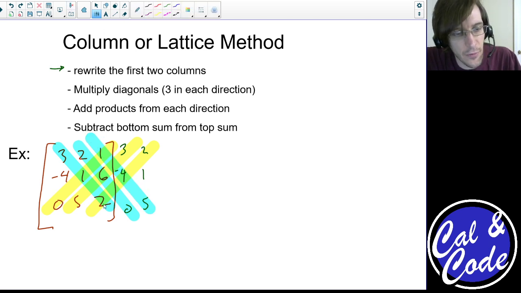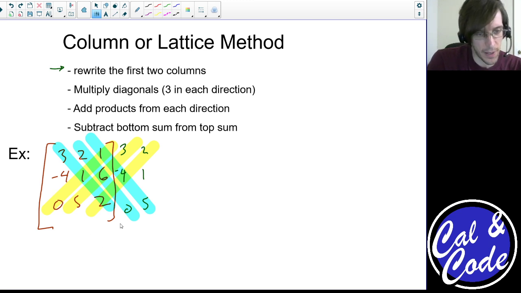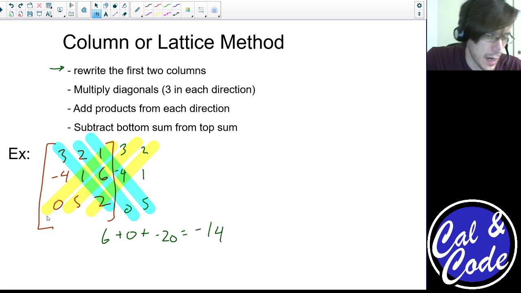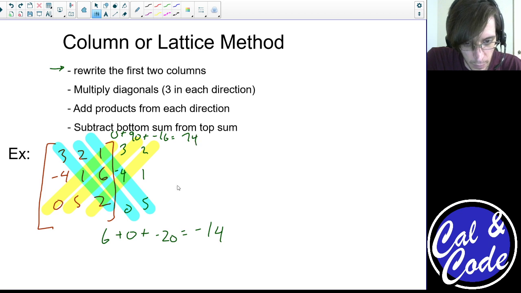Once I've found those diagonals going up and down, I multiply the numbers in each of those diagonals. So this is 6, the next one is 0, and the next one is negative 20. When I add all those up, I get negative 14. I'll do the diagonals going up. That gives me 0 plus 30 times 3 is 90, plus negative 16, and that is 74.